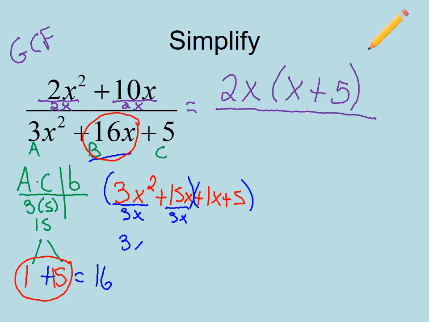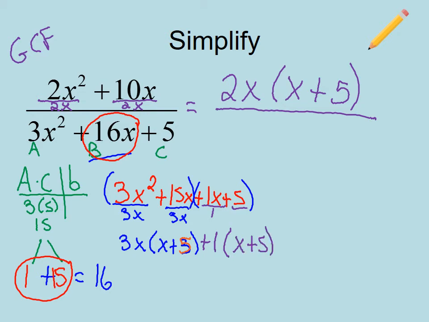So I get 3x, and I'm left with x plus 5. Pardon me, you guys. My second group, all I can take out is a 1. So I have a positive 1. I'm left with x plus 5.